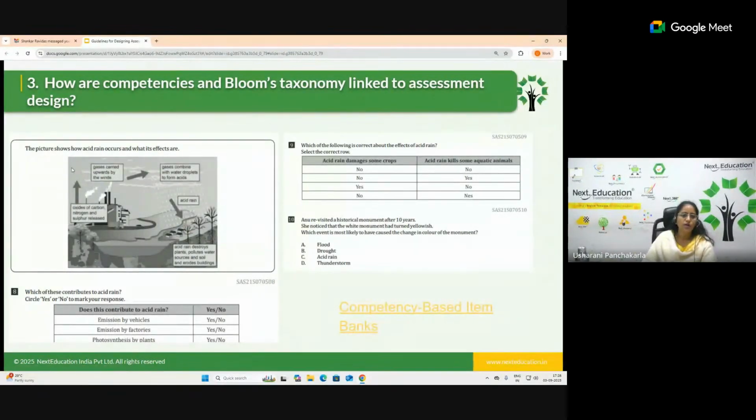So how are competencies and Bloom's taxonomy linked to assessment design? Okay, let me open this link.